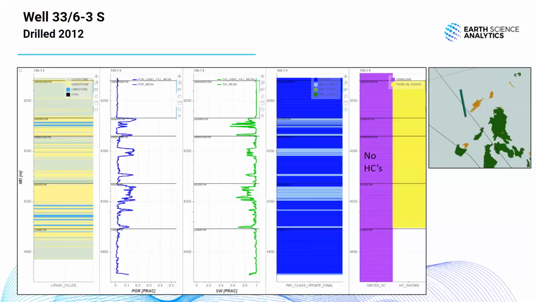An example is the 3363S well drilled in 2012, predicting sand in the Hansen, Ericsson, and the Raud formations in the lower Jurassic and Triassic. We have porosities associated with those. We have lower water saturations, but these are not classified as pay. But in that interval, interestingly, it's registered as a poor oil show. So again, this supporting information gives credibility to our predictions.